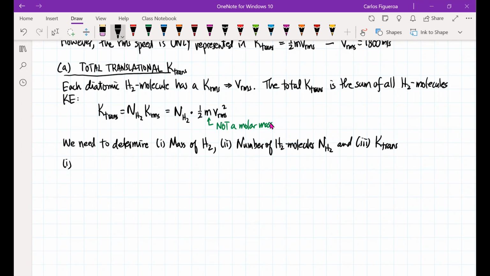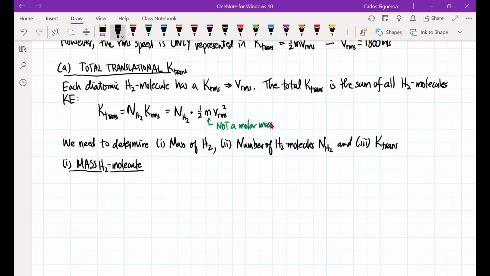The first thing, let's talk about the mass of an H2 molecule. Remember, these are not molar masses.